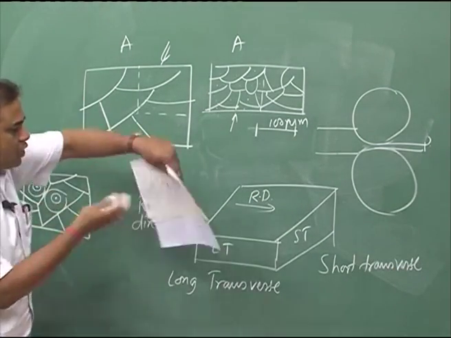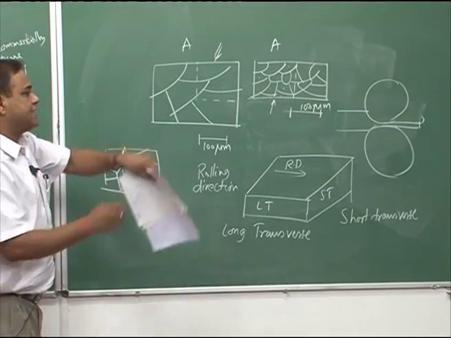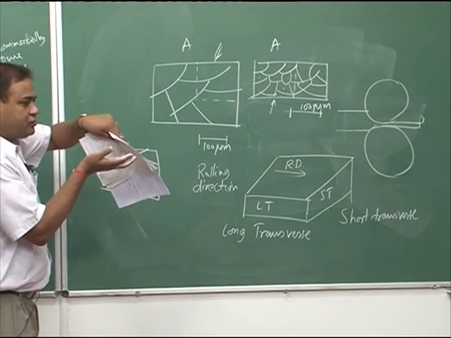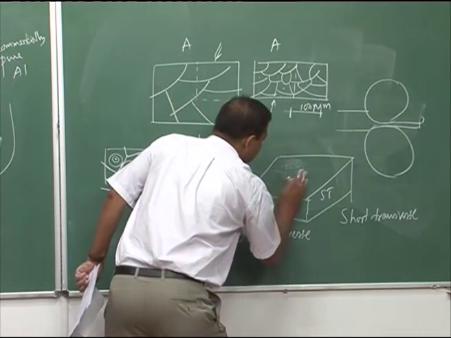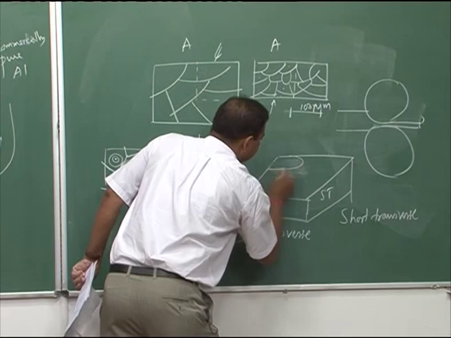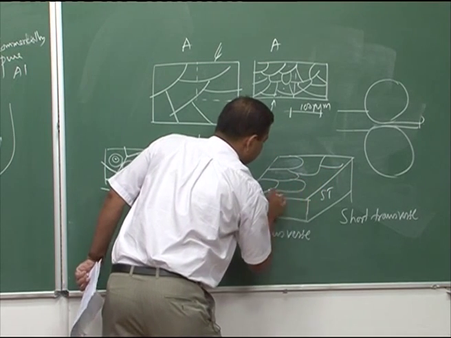Now, when we do rolling, the grain structure has a particular pattern. It will always try to arrange along the rolling direction. Also, the grains are elongated due to this rolling action.